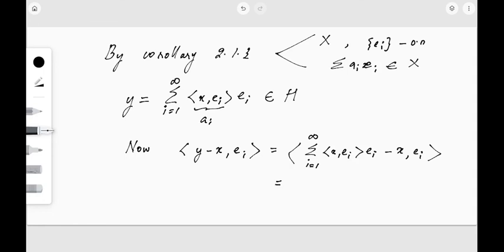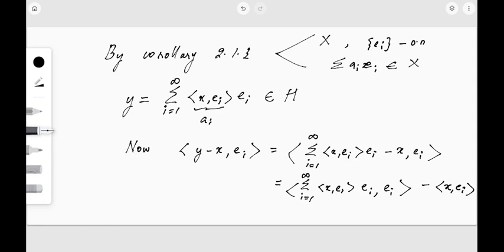It will be summation i equal to 1 to infinity inner product x e_i, comma e_i, minus inner product x e_i. The first term has e_i and the next term has e_i, and I am taking the minus term common by the property of inner product.